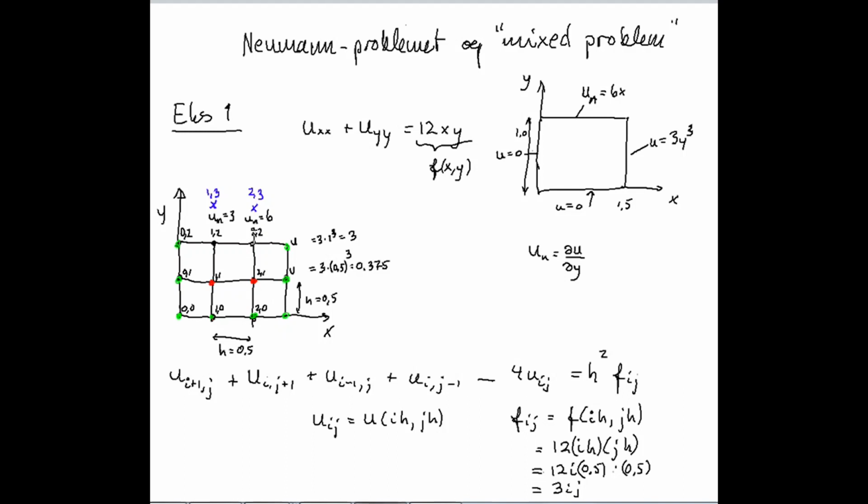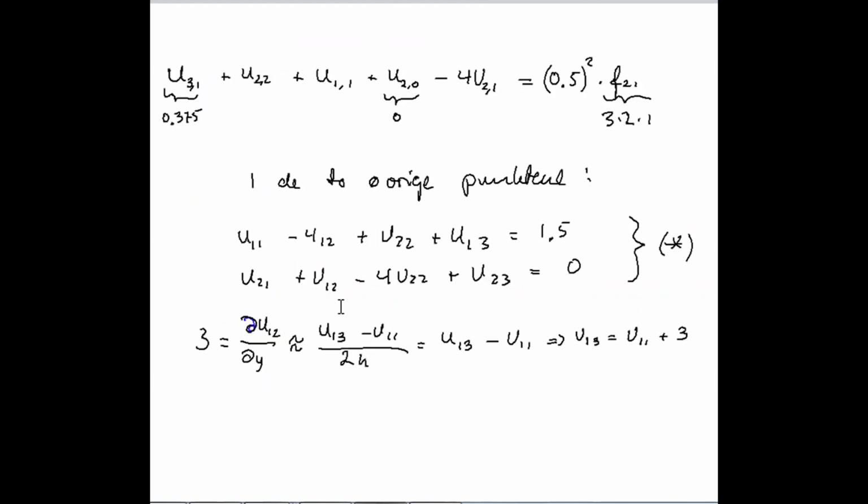And the same way, the normal derivative in this point is approximately equal to the value of u in this point minus the value of u in this point over 2h. So let's just write this. It takes the following form. At the first point we get this, and h is just 1/2, and we know that the partial derivative in this point is supposed to be 3.